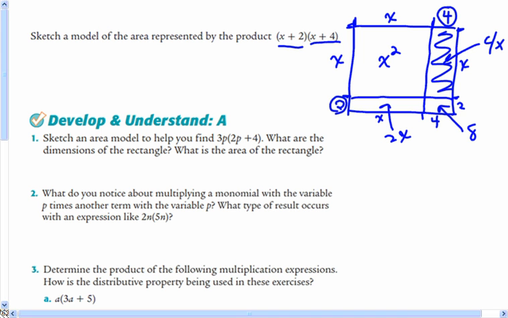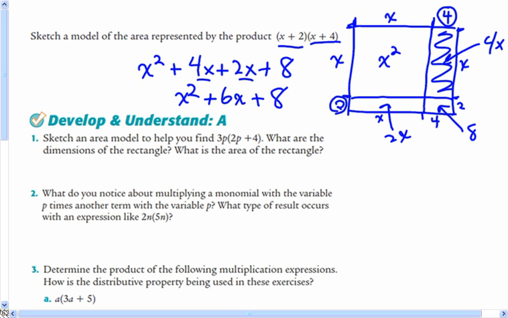And so if I add all those parts together, I get x squared plus 4x plus 2x plus 8. And the 4x and the 2x are like terms, so we'll combine those to make a trinomial. That's what we're going to learn how to do. So some of you kind of have a little bit of an idea already what's going on, so we're good to go there. All right.